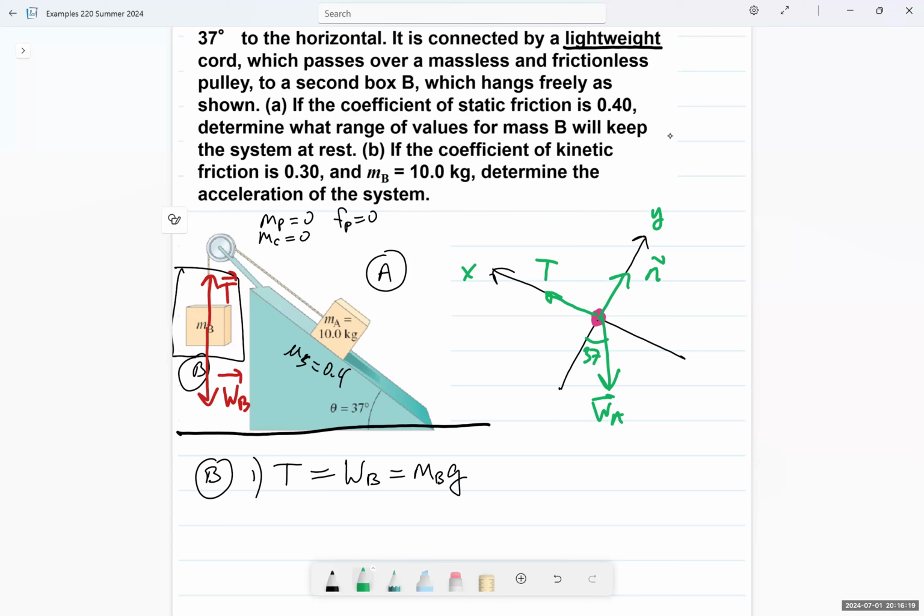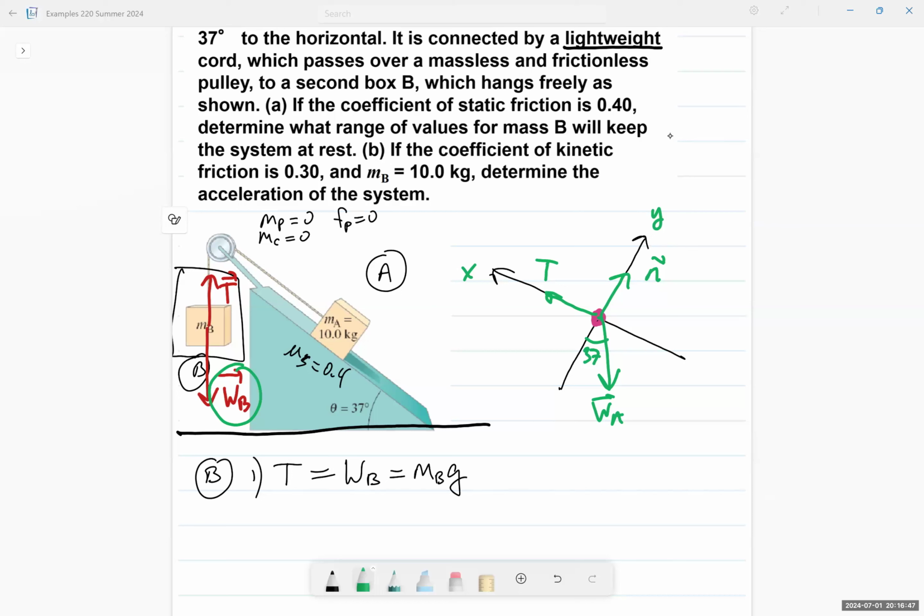For example, if B is heavier than A overall, then the weight of B is heavier than the tension, and the system will try to move overall to the left. That means mass of B would want to go down, and A will want to go up the slope. In that case, friction will be in the downward direction.